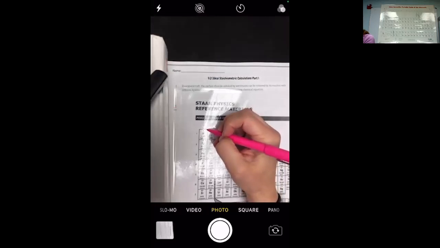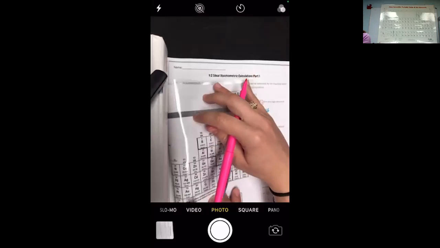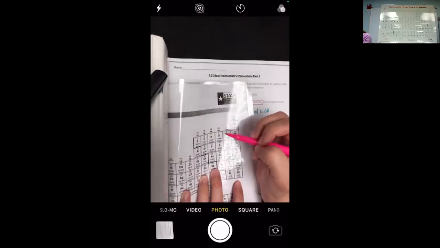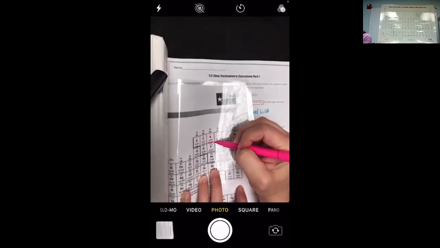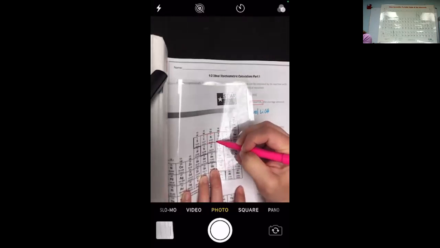And just as a reminder, the elements that are diatomic, we have hydrogen over here on the left, and then on the right, it is nitrogen, oxygen, fluorine, and then down that column.